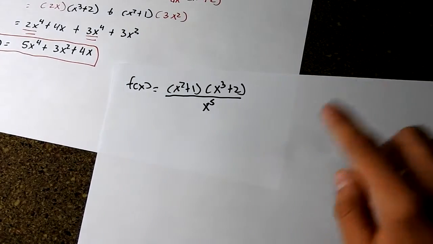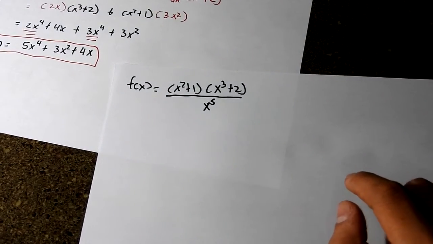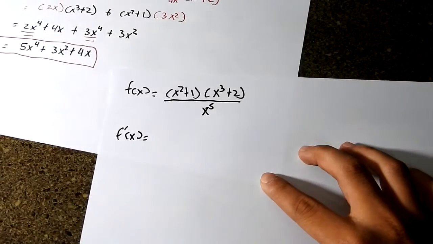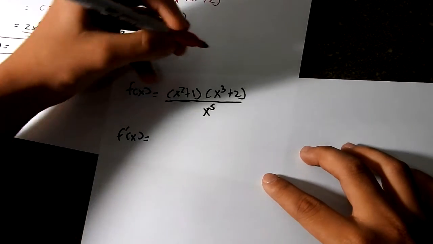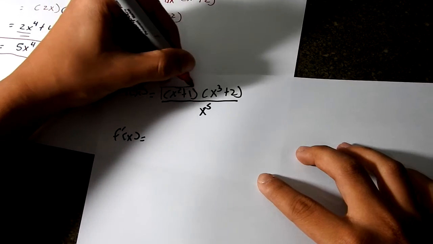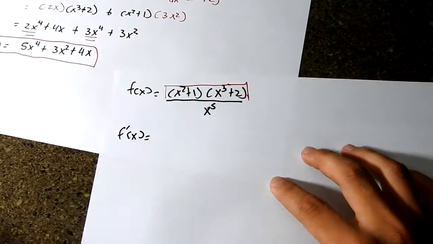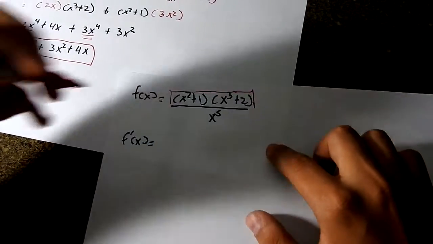So let's set up now our quotient rule. So we have f of x. So we have the derivative of our numerator. Our numerator is all of this over here.